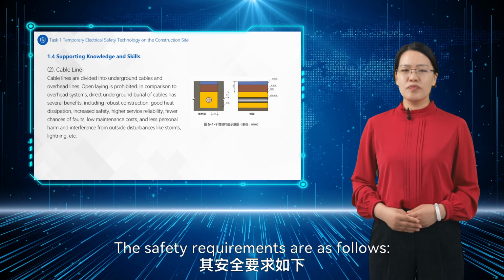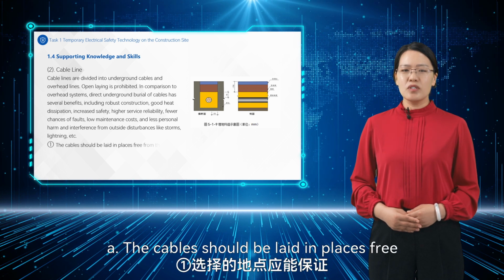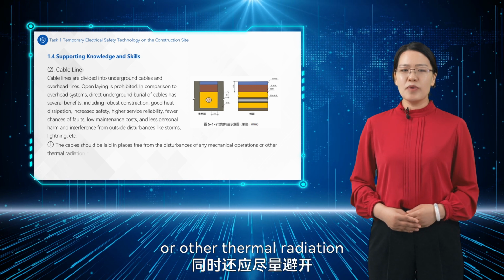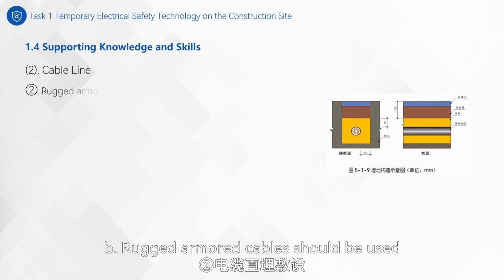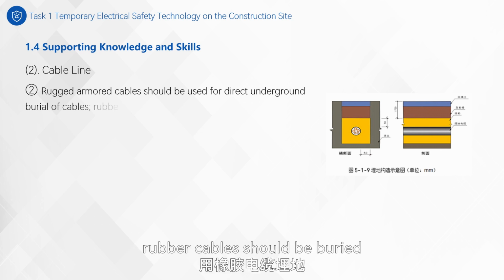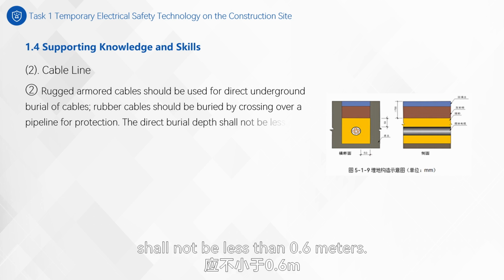The safety requirements are as follows. The cables should be laid in places free from the disturbances of any mechanical operations or other thermal radiation and away from buildings and traffic arteries. Rugged armored cables should be used for direct underground burial of cables. Rubber cables should be buried by crossing over a pipeline for protection. The direct burial depth shall not be less than 0.6 meters.